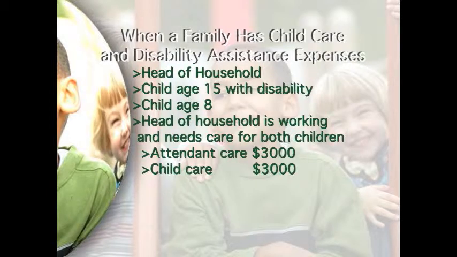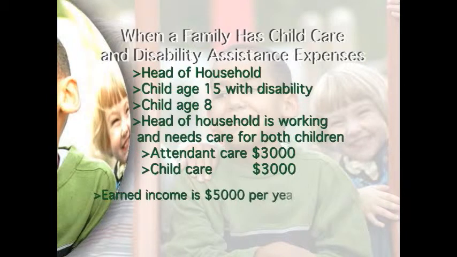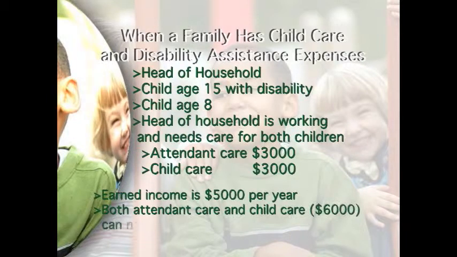Each expense is separate. However, the same earned income cannot be used for both expenses. The sum of both attendant care and child care cannot exceed the amount of employment income. The earned income for this family is $5,000 per year.